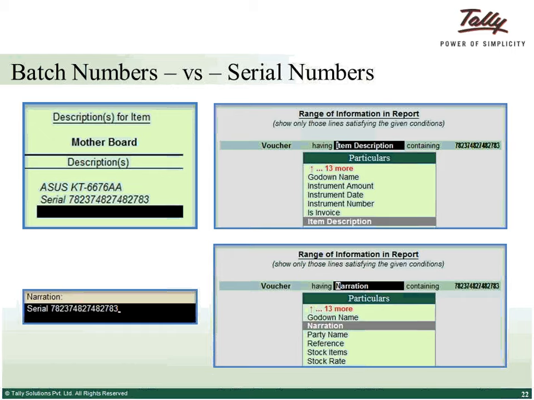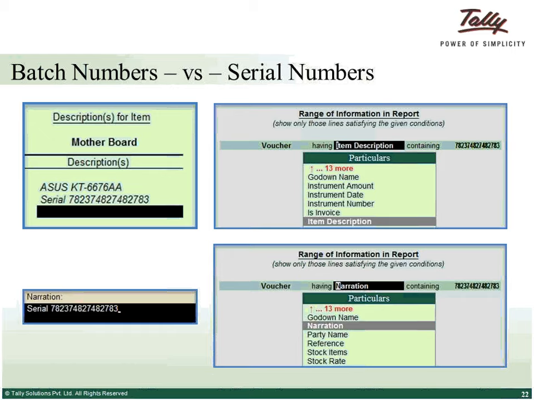This is not advisable unless you have a small number of serial numbers overall. If you have a few hundred over the full year, you should store the serial number either in the extended sales description or in the voucher narration. Let us see how.